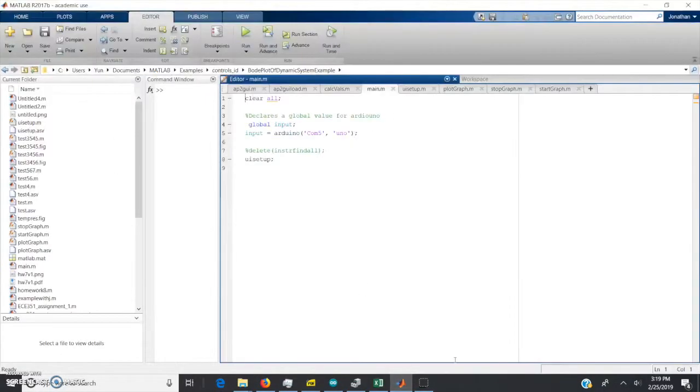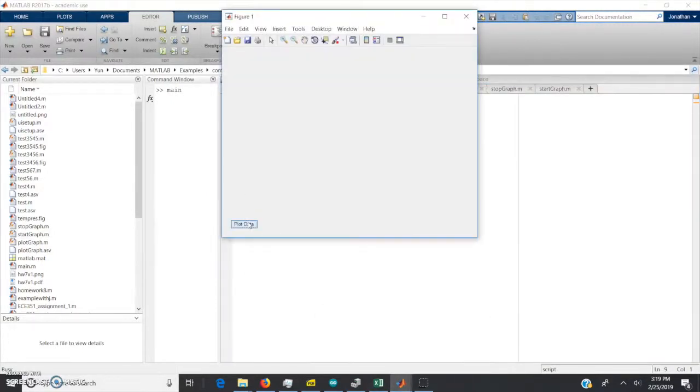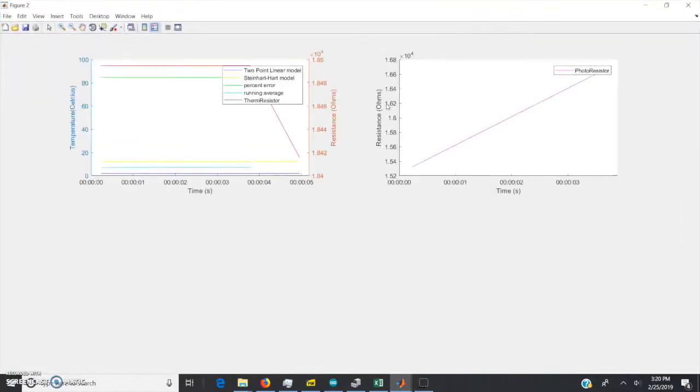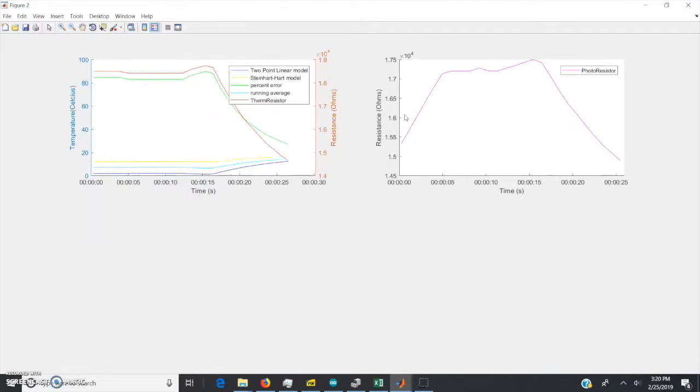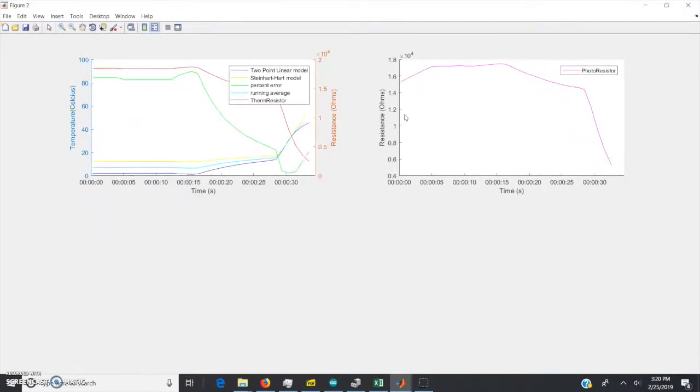Here's where we start to test the thermistor and display the graphs of the resistance and the temperature changing over time. So here we begin graphing the data, and here you can see that we bring the temperature up to 100 degrees Celsius on the left graph, and then once we get to 100 degrees Celsius, we're bringing it down to 0 degrees Celsius.